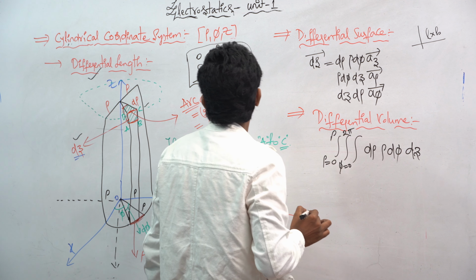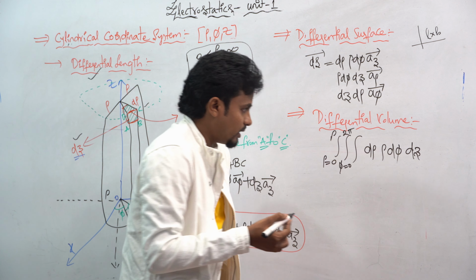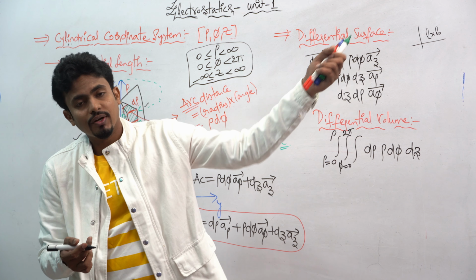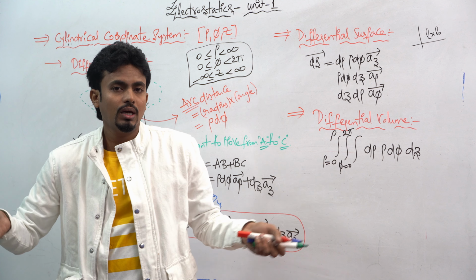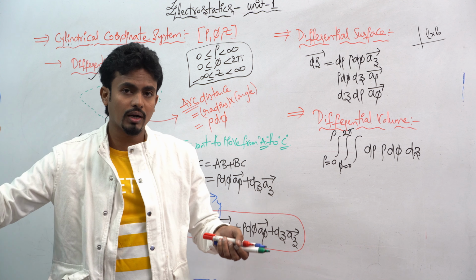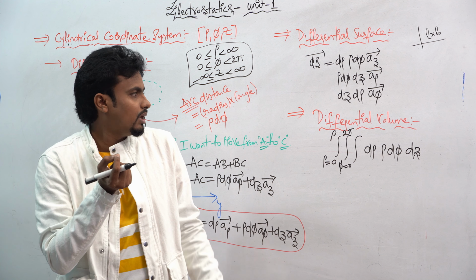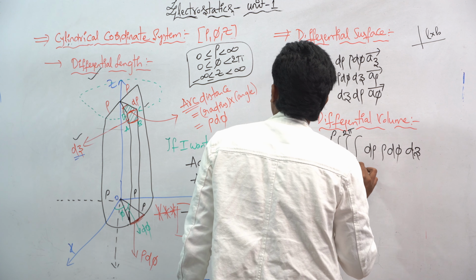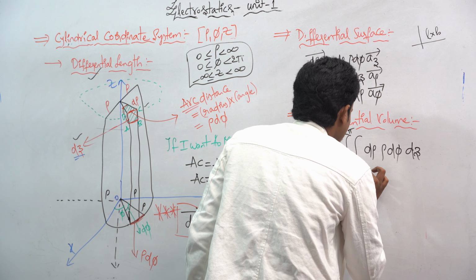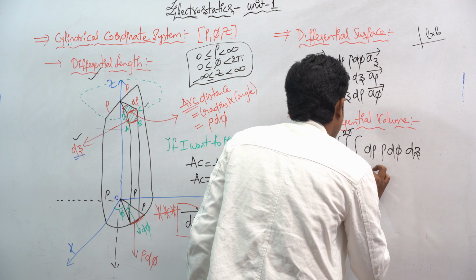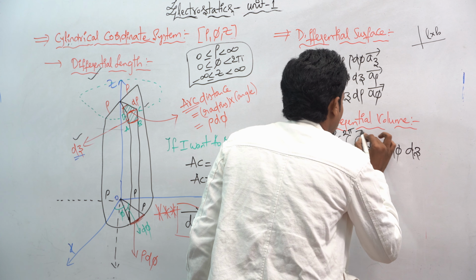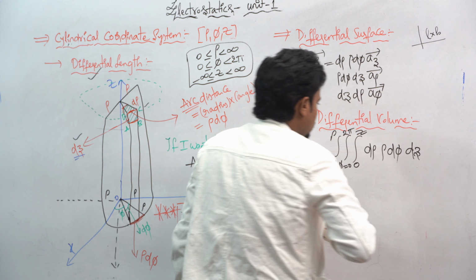Z is from minus infinity to plus infinity, which is the full range, but you have to limit yourself and take z from 0 to some z.